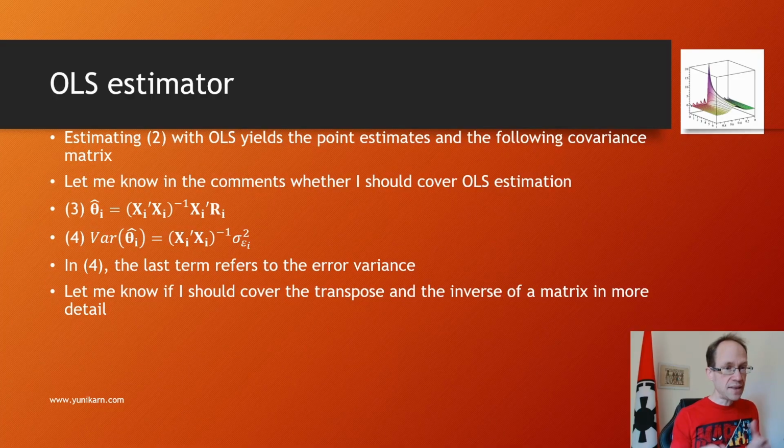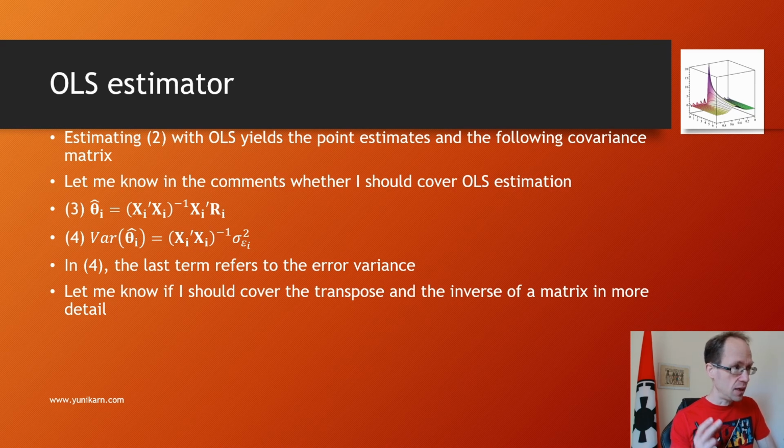Now, estimating equation 2 with OLS yields the point estimates and the following covariance matrix expressed in equation 4. Equation 3 is the standard OLS estimator. I can cover OLS estimation in additional videos. It's not the focus here. Notation-wise, you note the transpose.